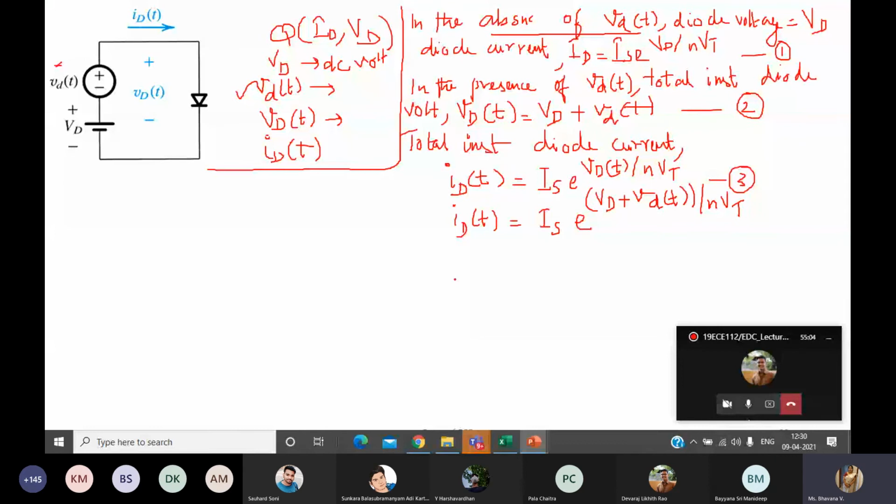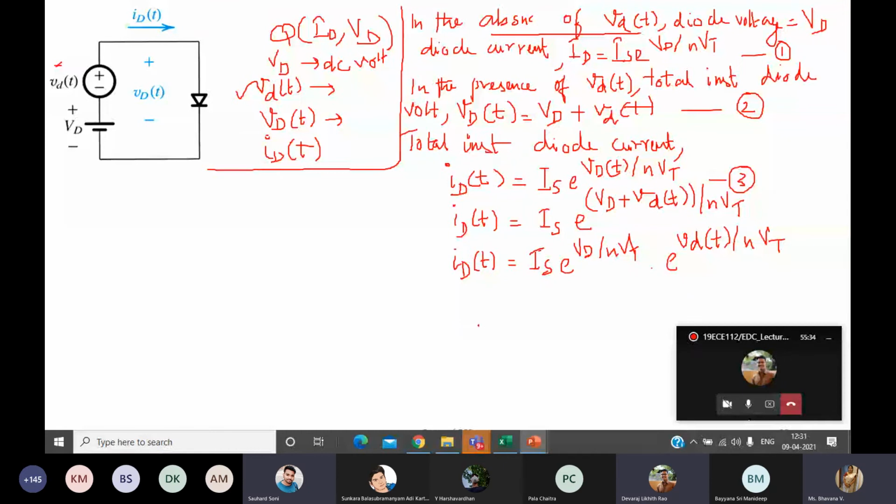Open the bracket. iD of t is equal to IS e power capital VD by nVT into e power small vd of t by nVT. Getting?